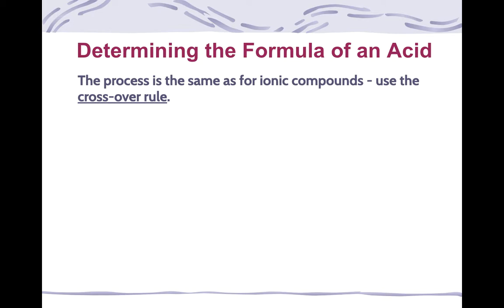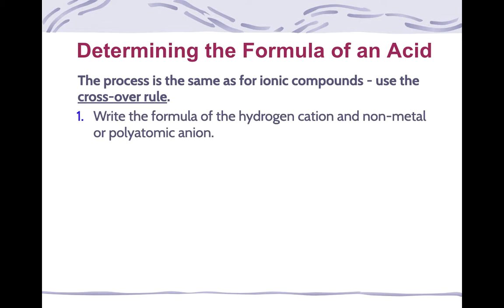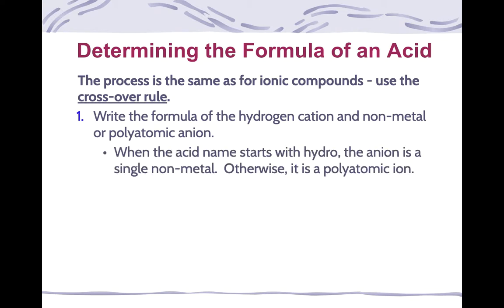We do this exactly the same as for ionic compounds. We're going to use the crossover rule. So you write the formula of the hydrogen cation, and then the anion, either the nonmetal or the polyatomic. When the acid name starts with hydro, that tells you that the anion you're going to use is a single nonmetal.